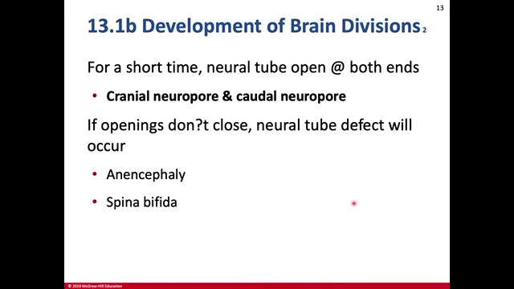And those can include things like anencephaly, which is a baby born without a brain, and spina bifida, where portions of the spinal cord are actually outside the body, okay? And each of these can present in different levels of severity, okay?